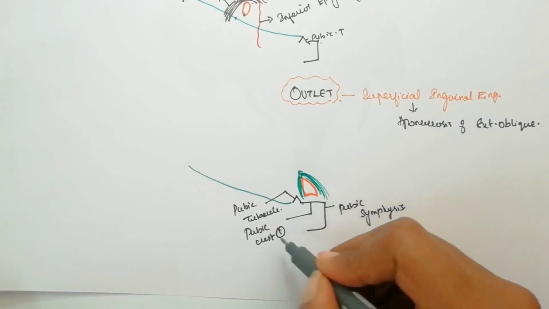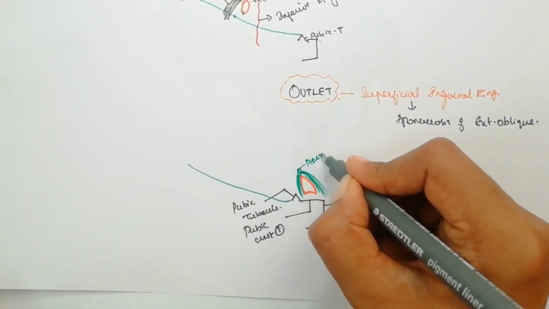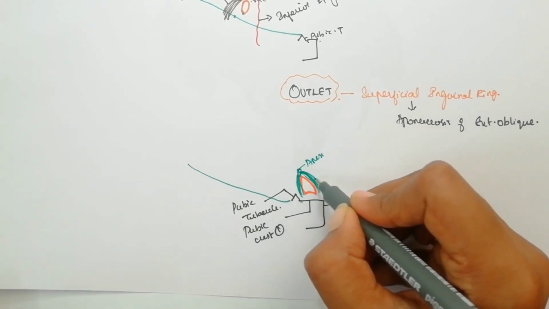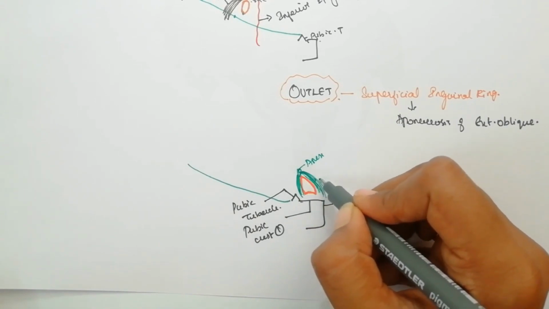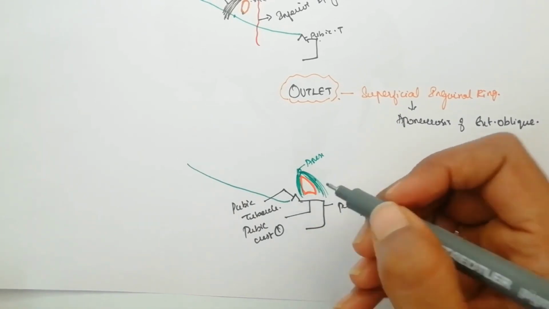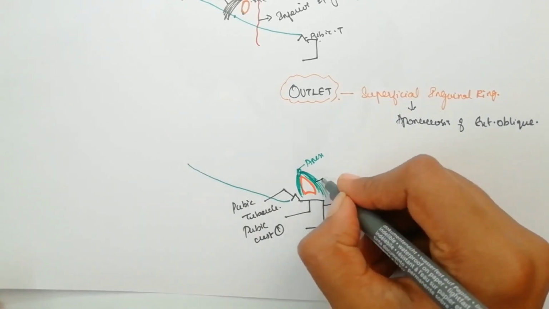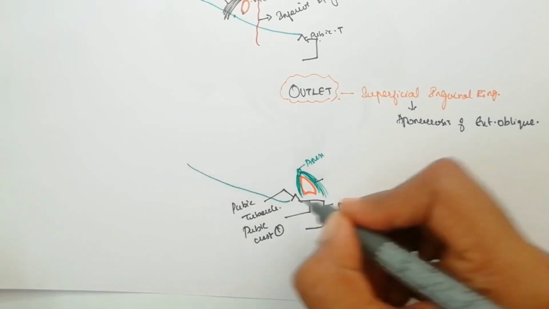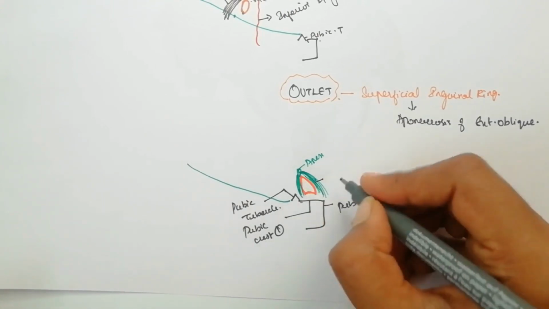So the base is formed by the pubic crest, and this is the apex part. The apex is contributed by the superior crus and the inferior crus of the superficial inguinal ring. The superior crus is again contributed by fibers of the external oblique aponeurosis. So the two crura are formed by the aponeurosis of the external oblique.